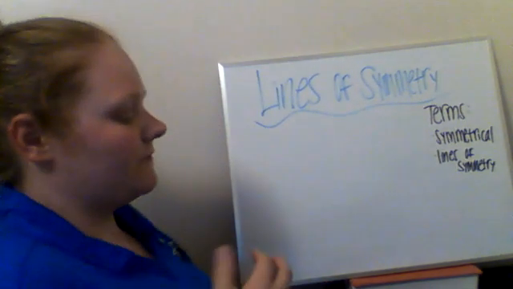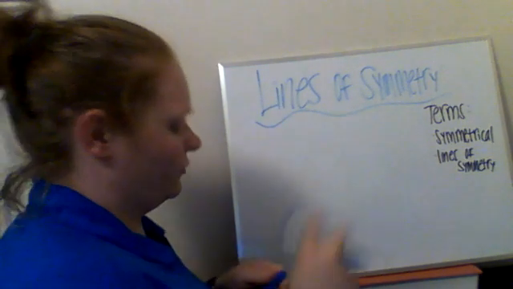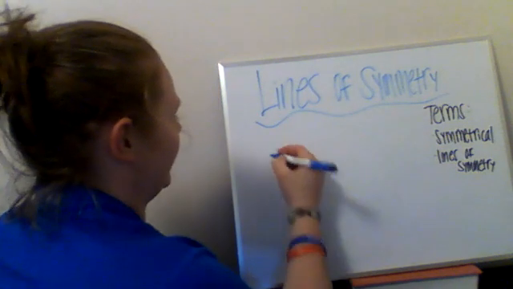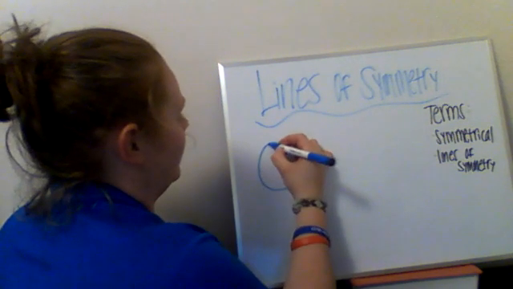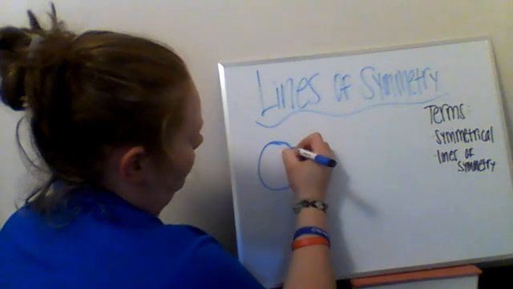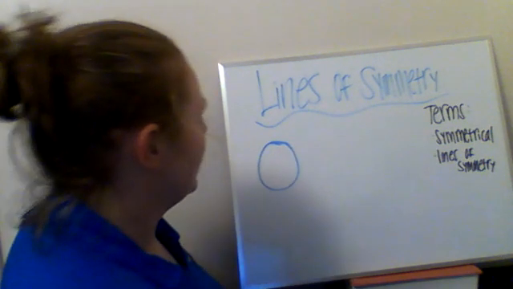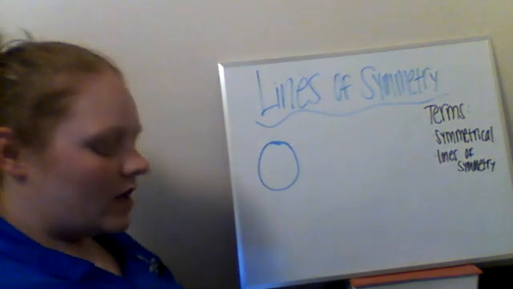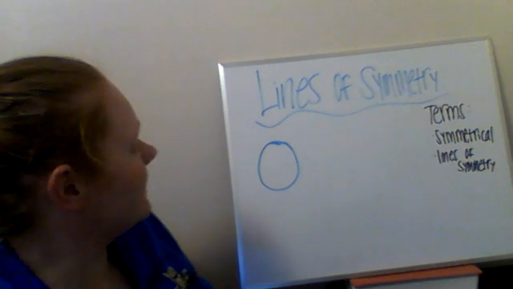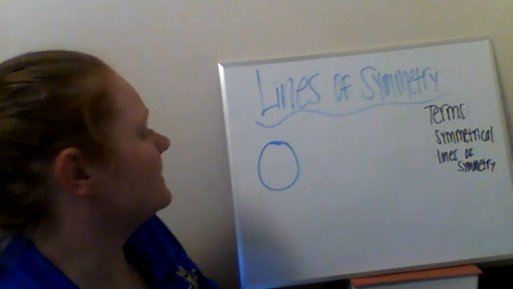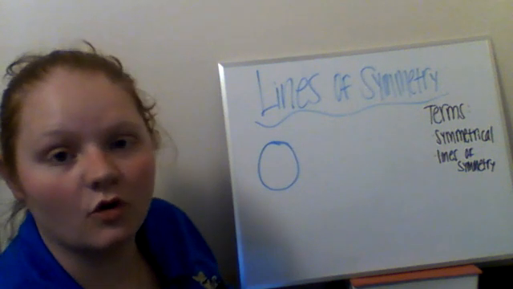If I was to draw a circle on my board right here, and I'm trying to draw it pretty evenly, I need to figure out if this circle is symmetrical or not.